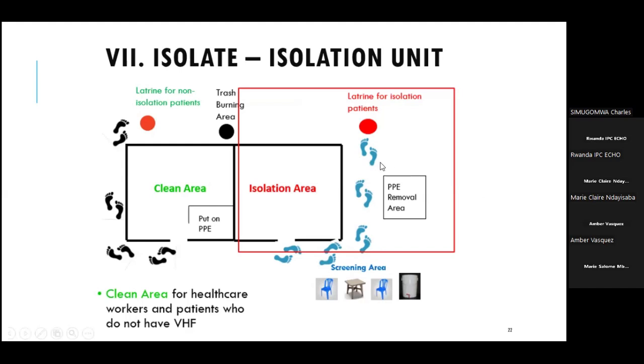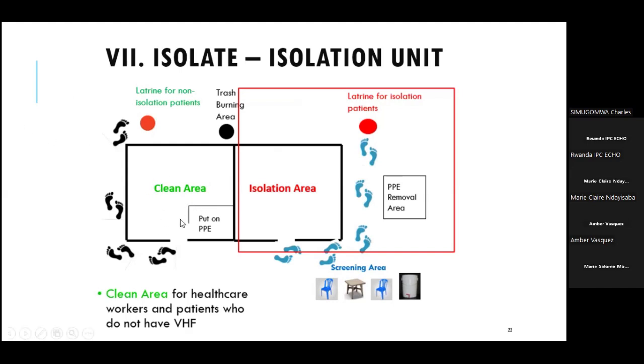And here it was mentioned that this is the screening area. Why do we need those two distinct areas? It is to allow us to apply IPC measures appropriately without contaminating healthcare professionals, but also other people moving in the facility.